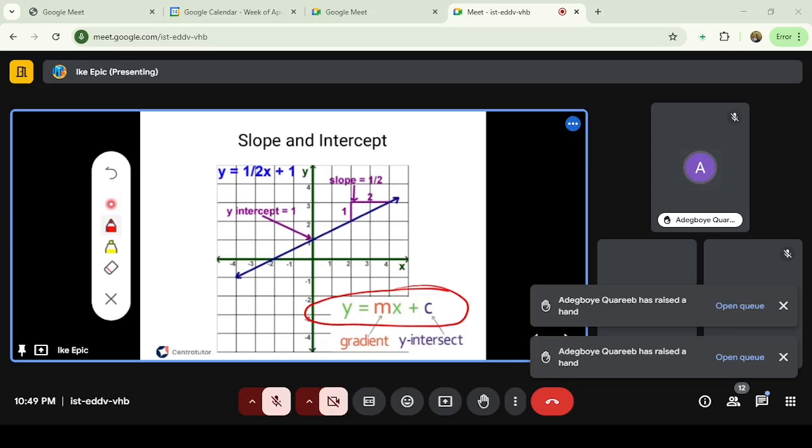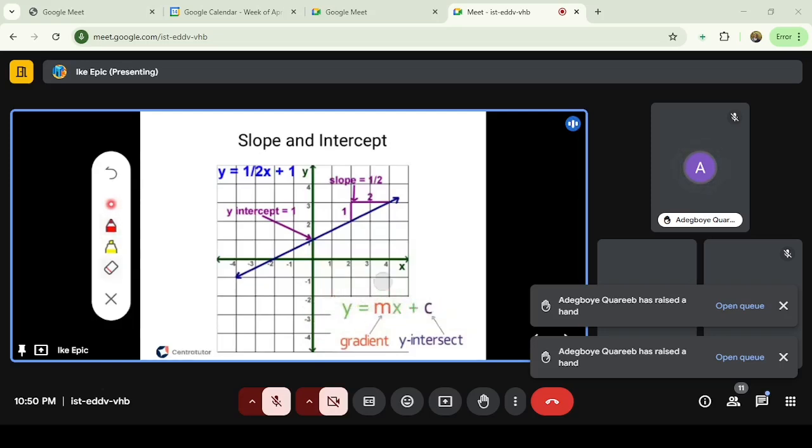It just means write y equals whatever you got as your slope, put it first, then x, plus whatever you got as your intercept, put it next. So that's how you get the equation of any line. Once you can get the intercept and the gradient or slope of the line, you can get the equation of that line.